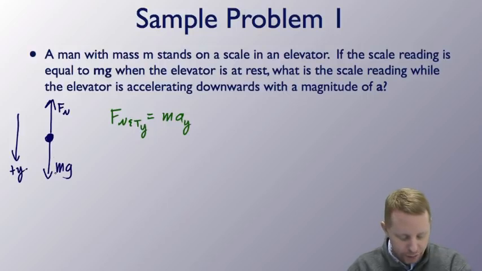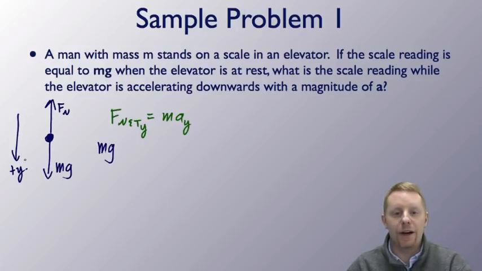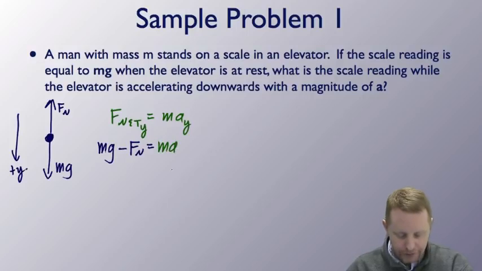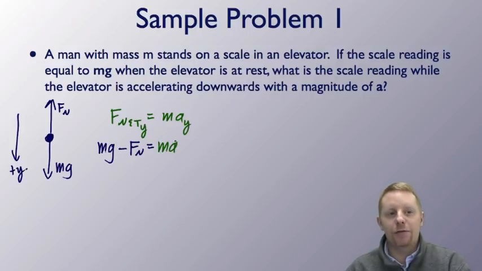So F net y, well, we have mg in the positive y direction, so that will be mg, and Fn in the negative y direction because we called down positive, just an arbitrary choice. So mg minus the normal force is equal to ma, and that's m a y, but since we're only looking in one direction, we don't have to keep talking about the y piece. Now all we have to do is solve for the normal force if we want to know what the scale is going to read.